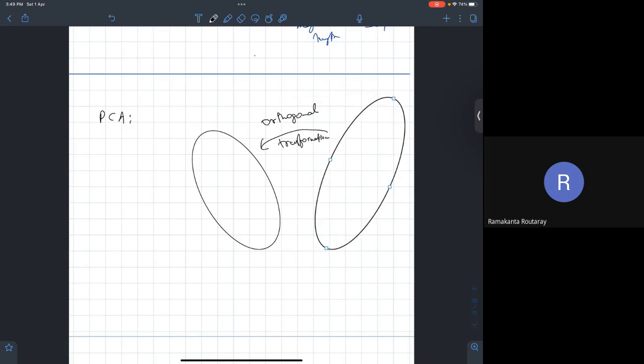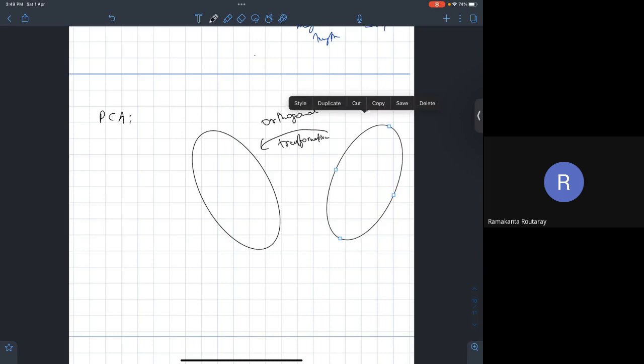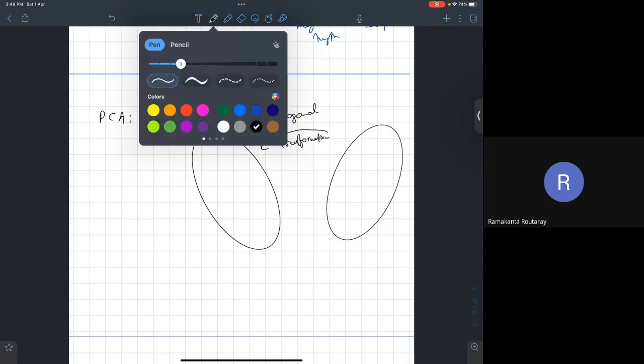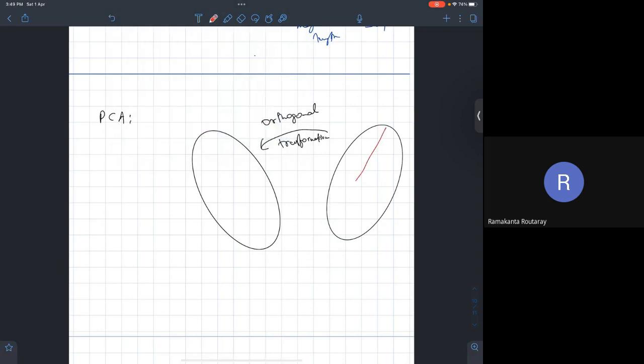Actually I can do this: delete, copy, now rotate. Okay, now it's fine. I can use an orthogonal transformation to go from here to here. So if I draw the axis, obviously something like this, and it becomes like this. But the length will remain the same.